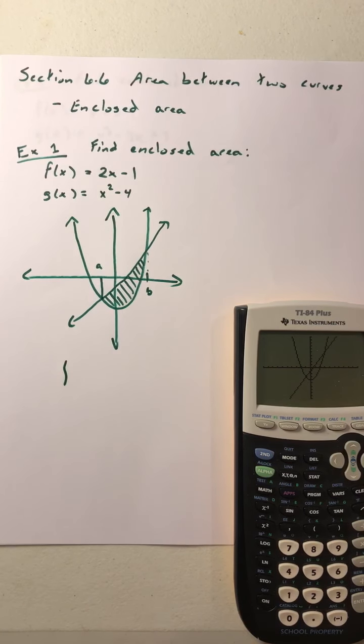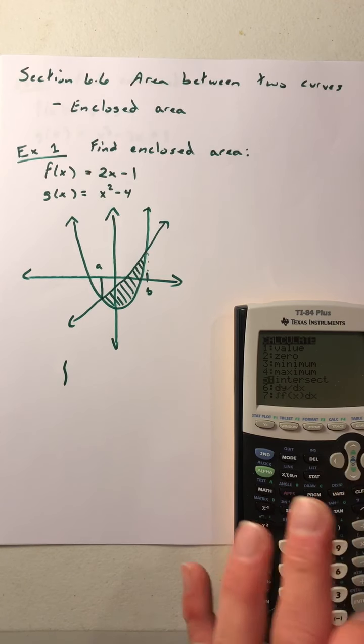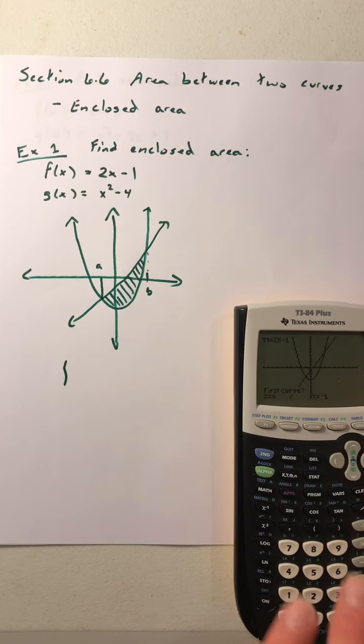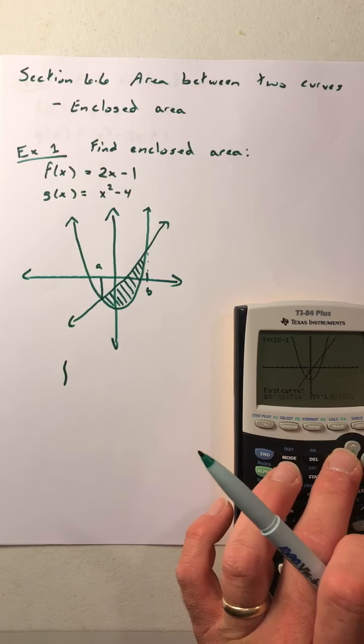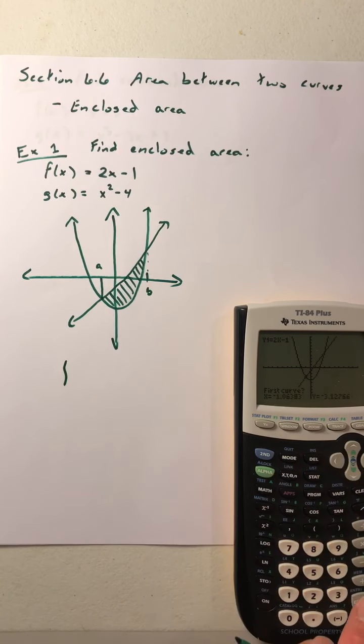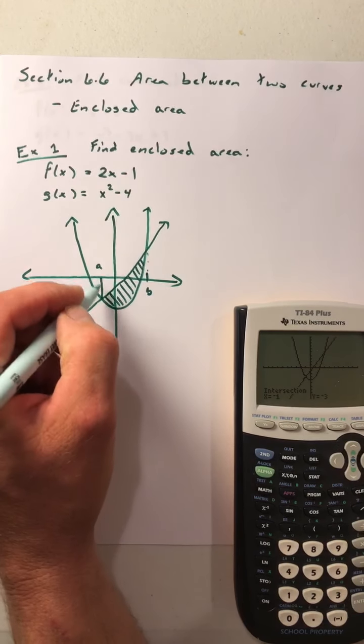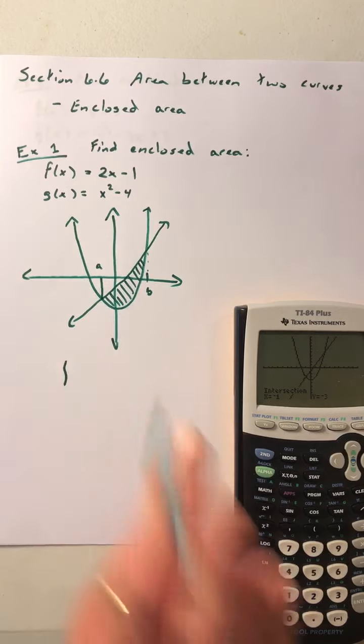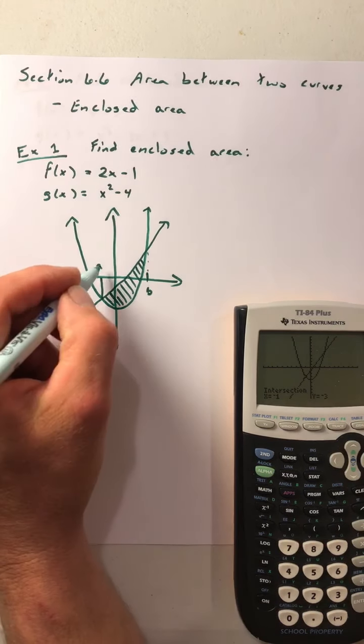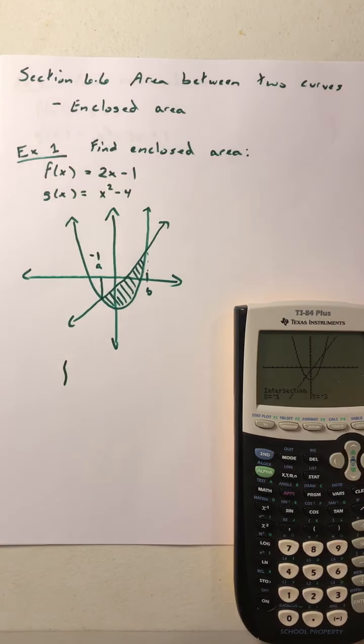So how do I find those points of intersection? Again, our calculator will do that for us. If we hit second trace, it will calculate our intersection, which is number 5. Moving the cursor down to our first point of intersection, we hit enter a couple of times, and we see that it intersects at -1, -3. We're interested today in the x value of -1.